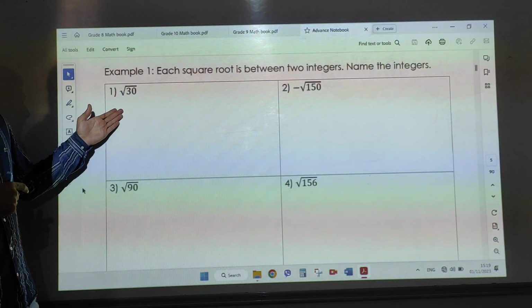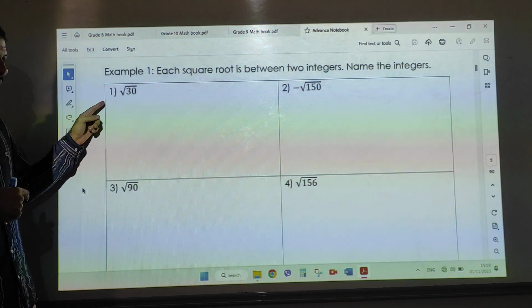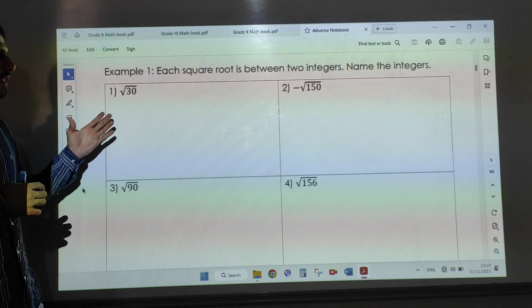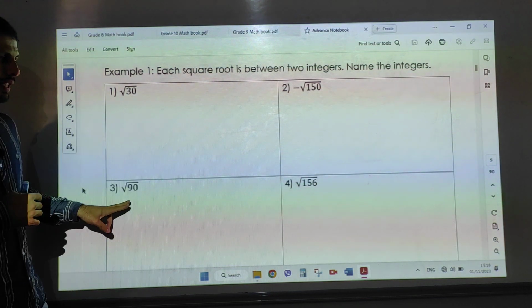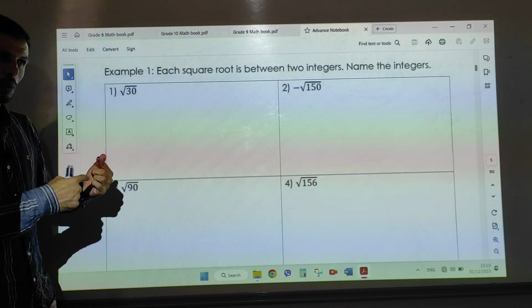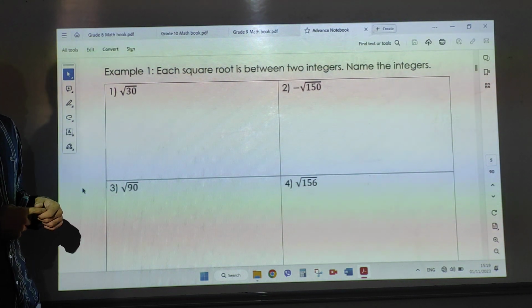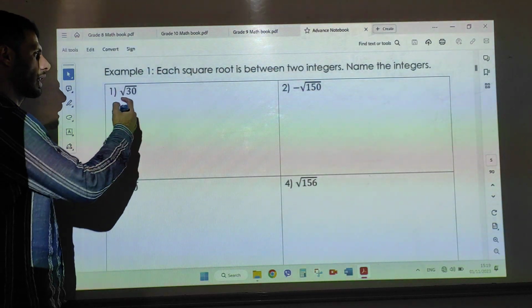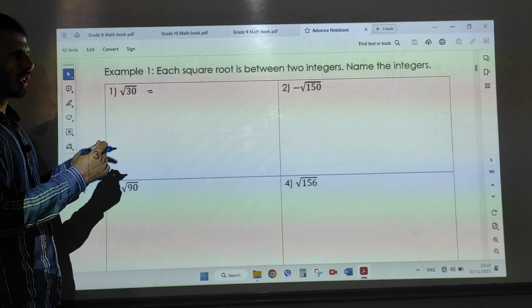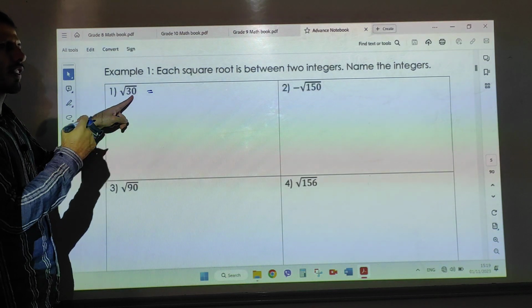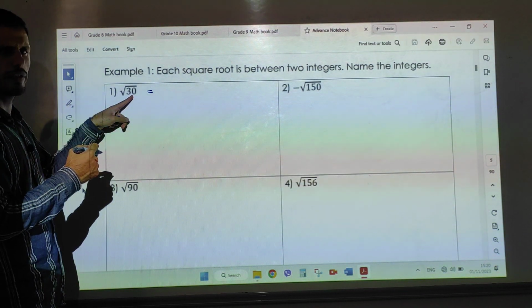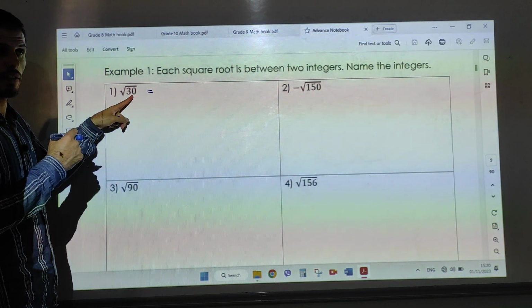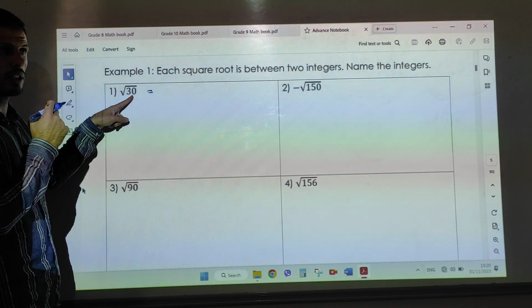So each of these numbers is not a perfect square, but each one of them is between two perfect squares. For example, 30. A perfect square less than 30 is 25. 25 came from what?